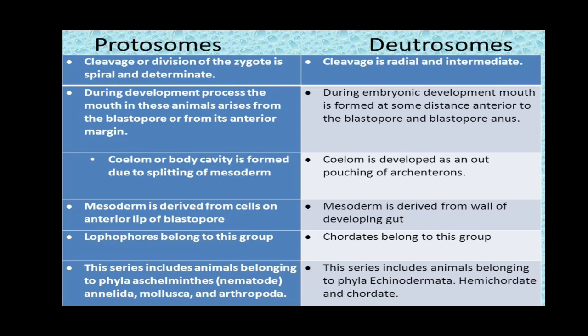Now we will talk about the determinate and indeterminate. Determinate is the type of division in which the fate of the germ layers is defined. For example, if there are three germ layers, ectoderm, endoderm and mesoderm, their fate is defined.